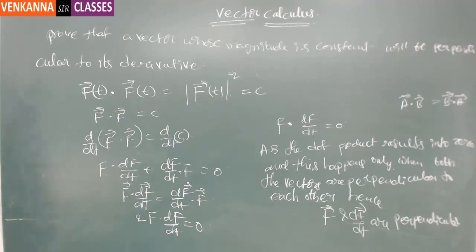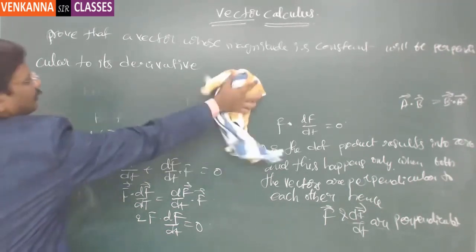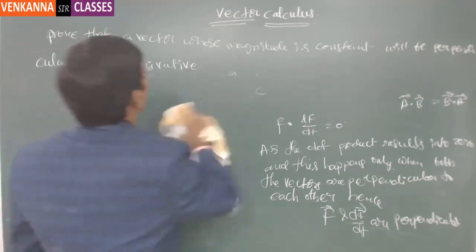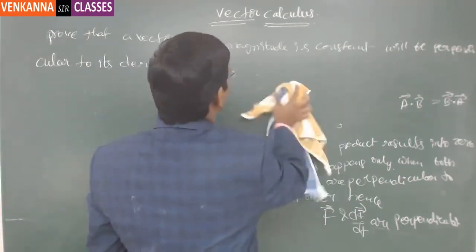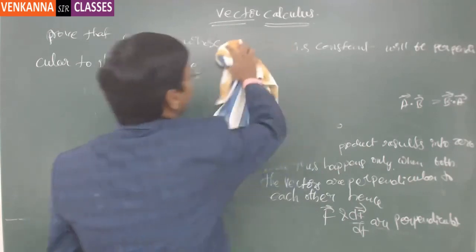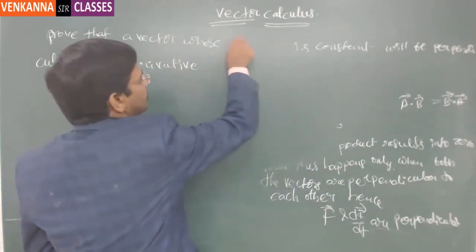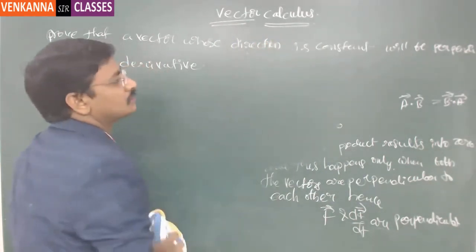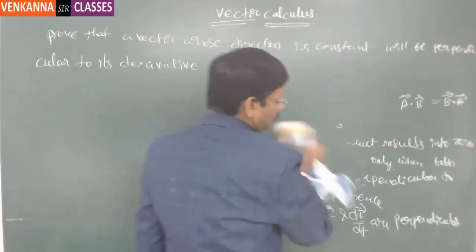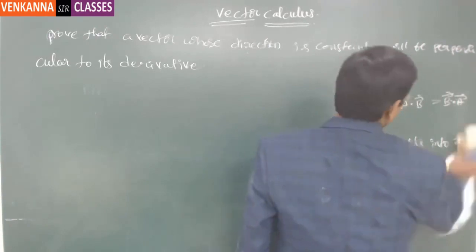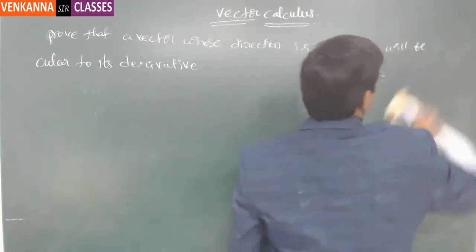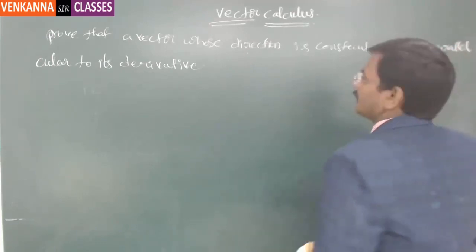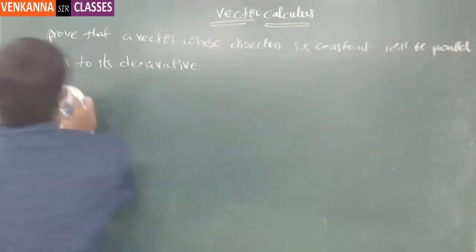Okay. Now, in a similar manner, can you do a different phenomenon wherein you prove that a vector whose direction is constant, instead of magnitude, will be parallel to its derivative, not perpendicular?